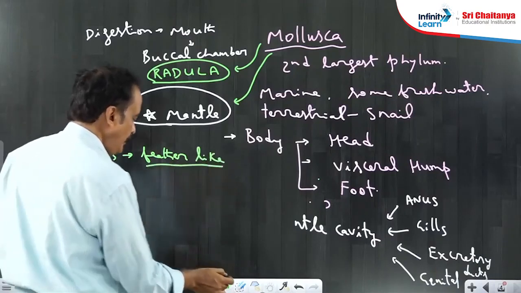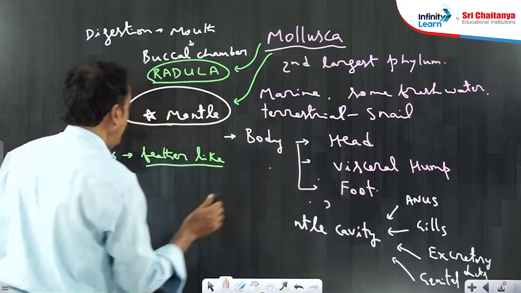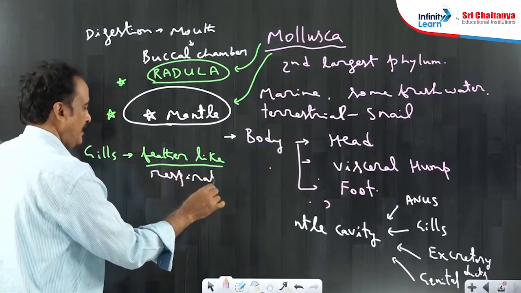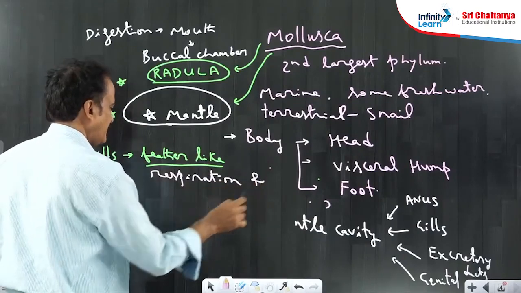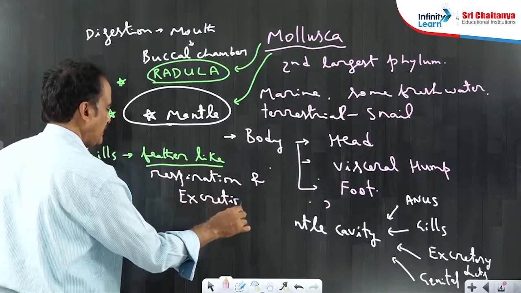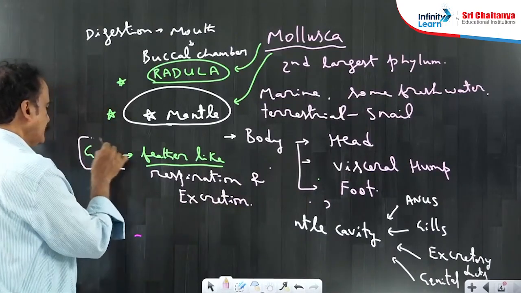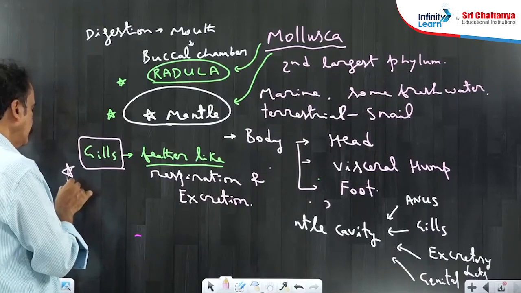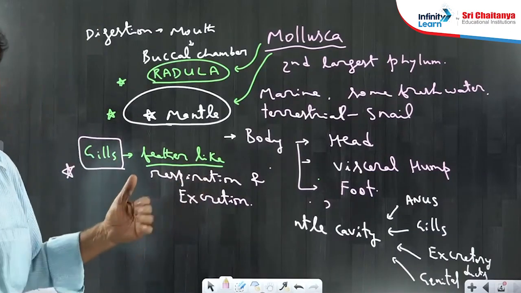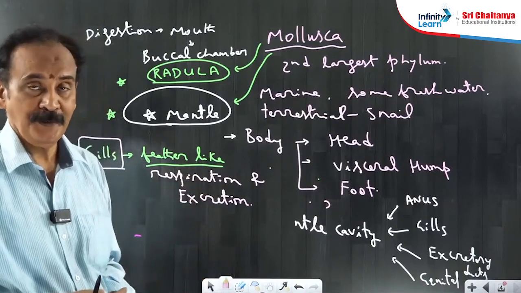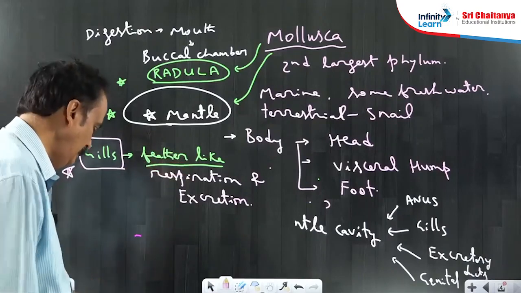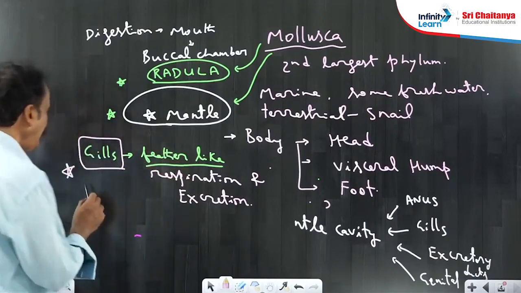right, and they will be helping not only in respiration, they also help in excretion. This is an interesting property. Gills in Mollusca help not only in respiration, they also help in the excretory process, removal of nitrogenous waste, and are feather-like or comb-like structures, also named Ctenidia.